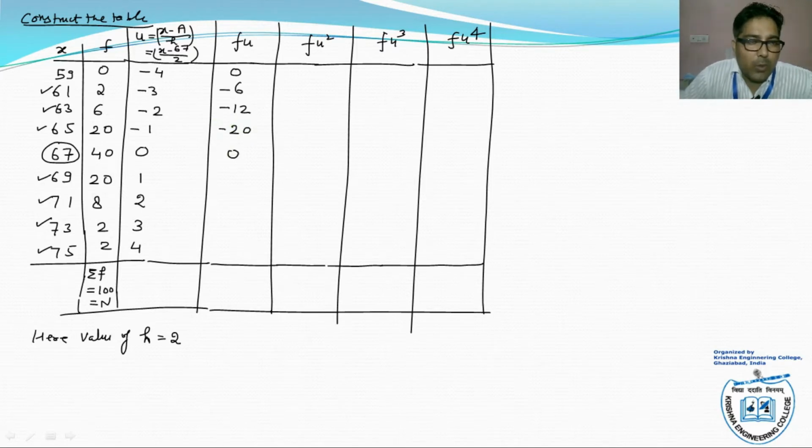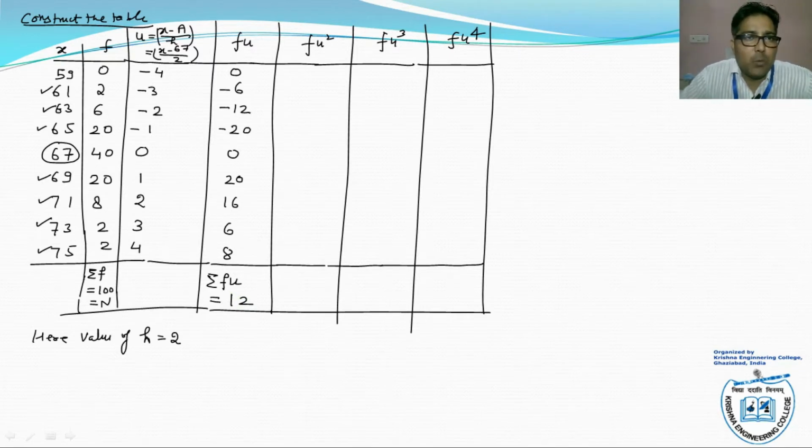The product of 20 into 1 is 20. The product of 8 into 2 is 16. Product of 2 into 3 is 6. The product of 2 into 4 is 8. Now find the summation sigma fu. The value of sigma fu with the help of the calculator becomes 12. Clear?